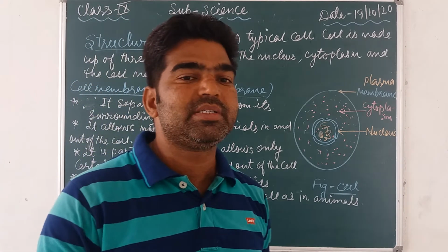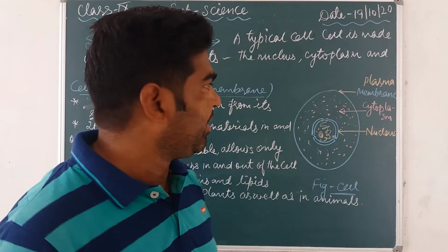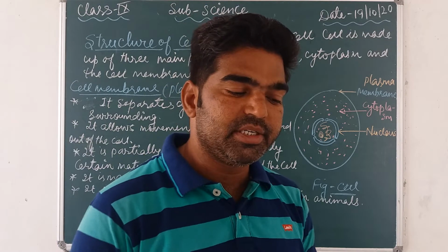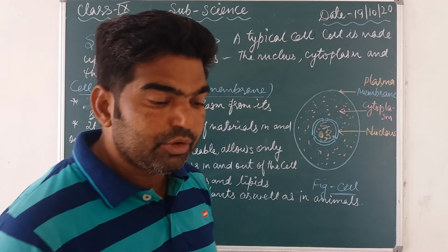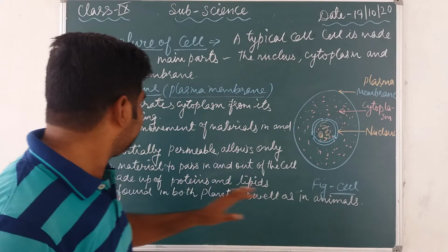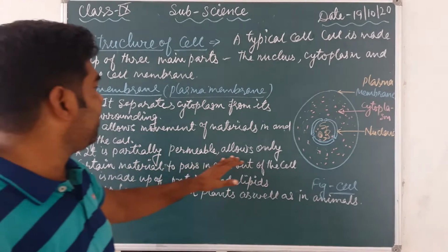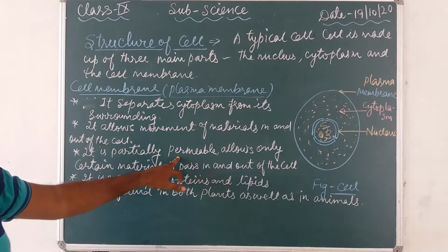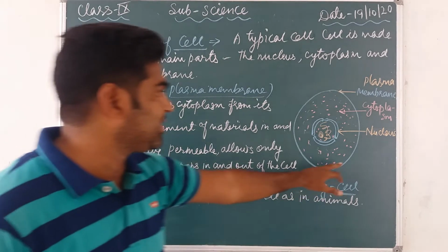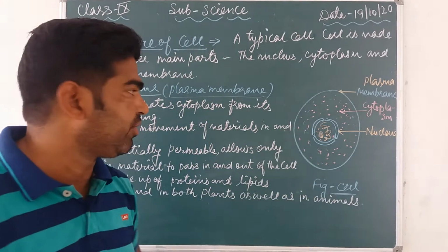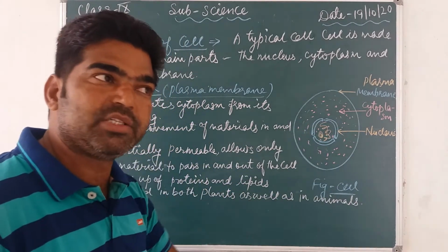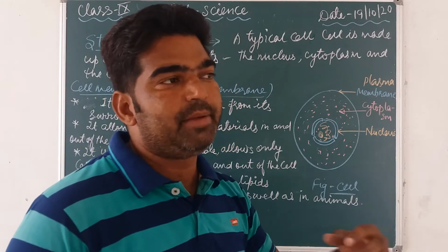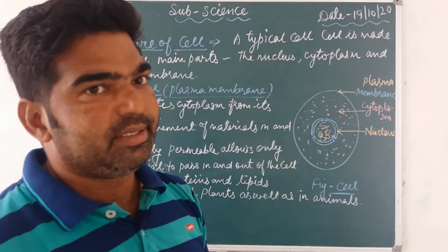It has some pores on it, which help in the exchange of materials and gases. It is partially permeable, allowing only certain materials to pass in. That's why it allows only selected things to move outside and helps in the exchange of gases and material.